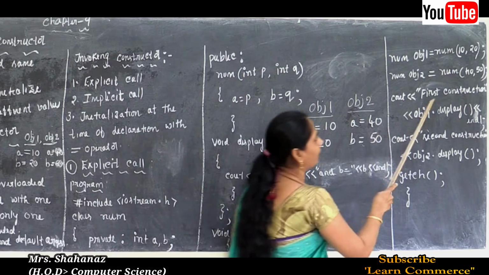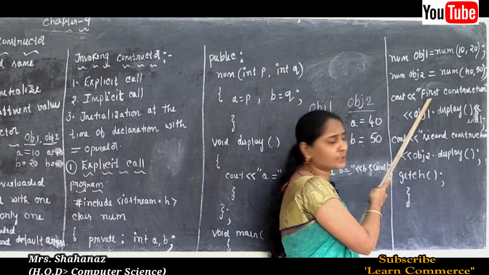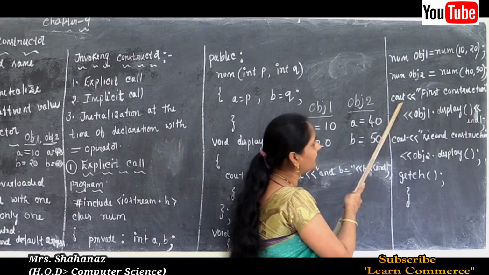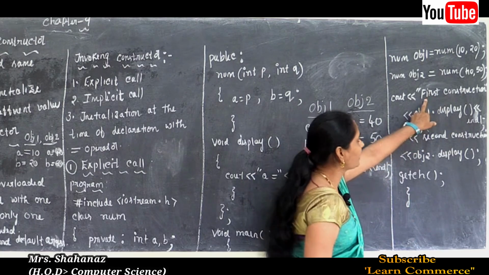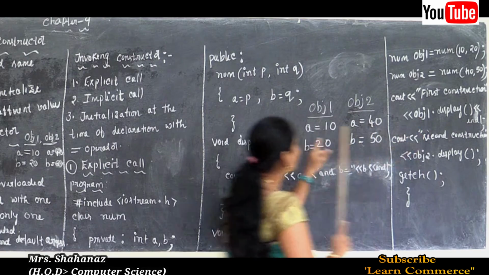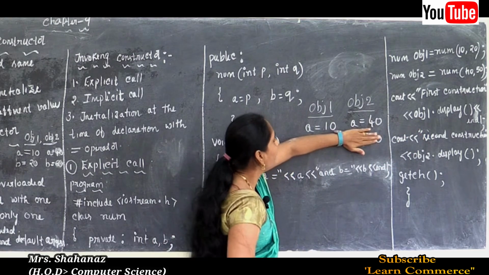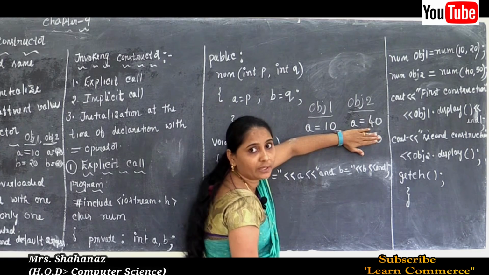Because here we already wrote some messages in a correct manner, and they are going to display. So by using cout, I am going to display the message first construction here, obj1 dot display. So obj1 dot display means first a is equal to 10. Clear this point here?